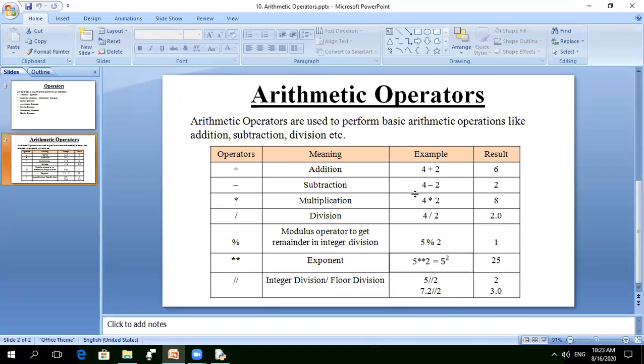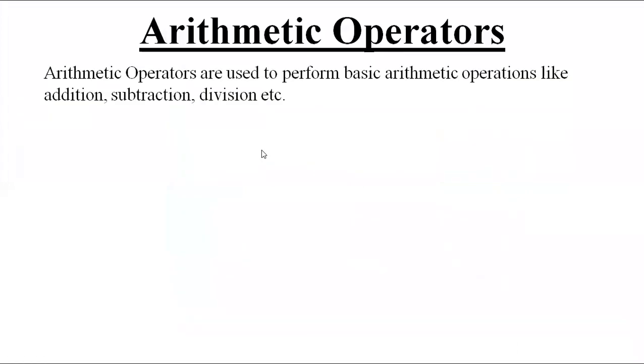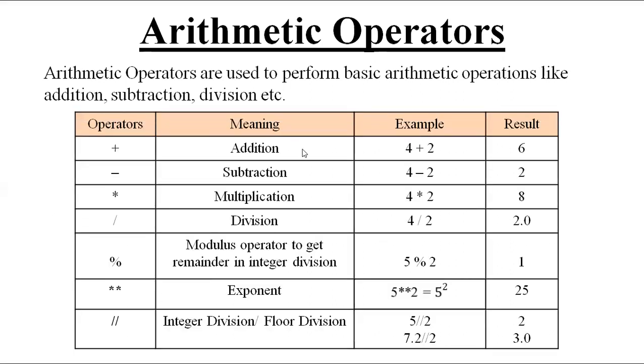See this. Arithmetic operators are used to perform basic arithmetic operations like addition, subtraction, multiplication, or division. See here, we have a list of operations under arithmetic operators: plus for addition, minus for subtraction.